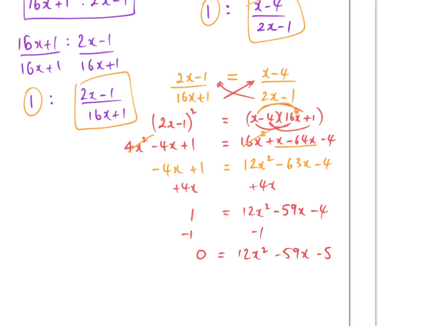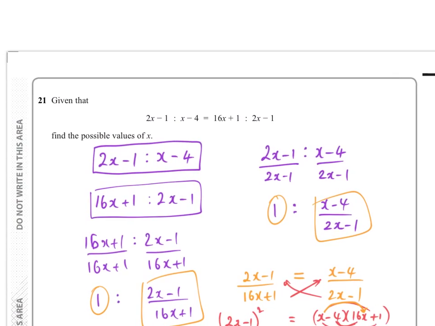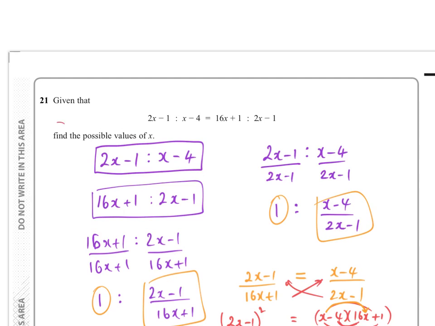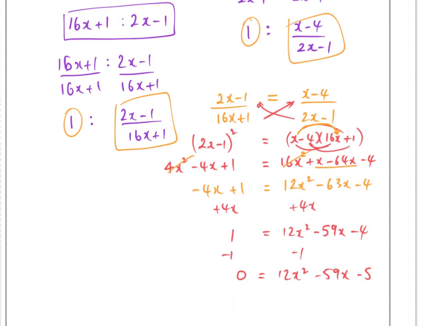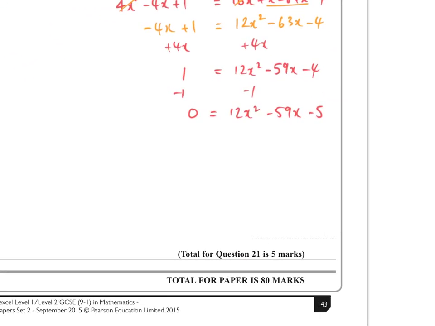Now I think that's quite difficult, because it does say here find the possible values of x. So we've got a quadratic. We're hoping that we're not going to have to use completing the square or the formula. So I'm going to check out the factors of 12, and then the factors of 5, thank goodness, are just 5 and 1.